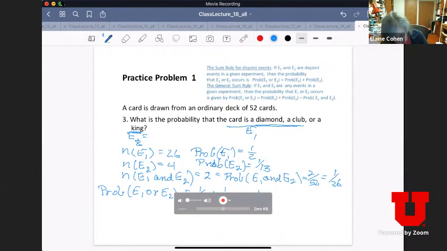Okay, and if we put those all over 26, we get 13 over 26 plus 2 over 26 minus 1 over 26 is 14 over 26, which equals 7 over 13. Okay?